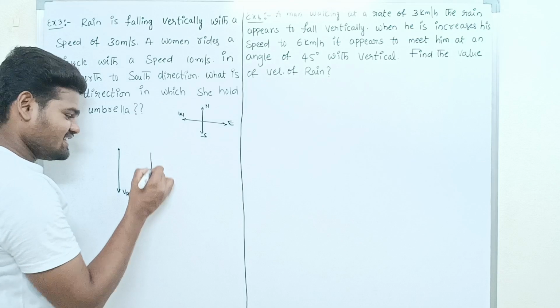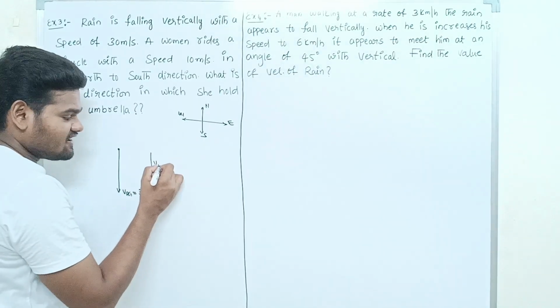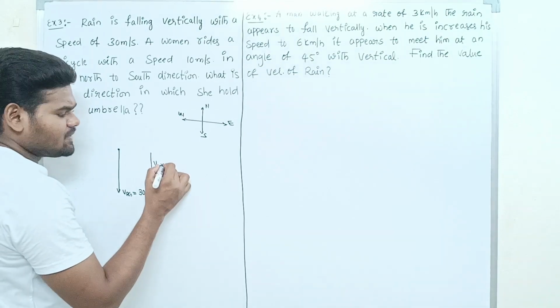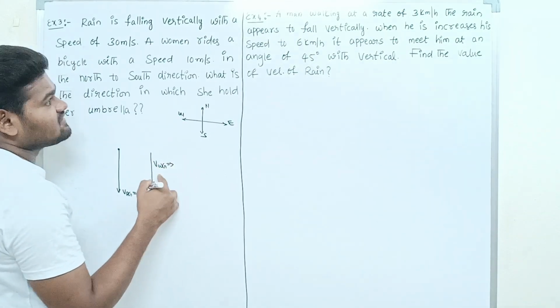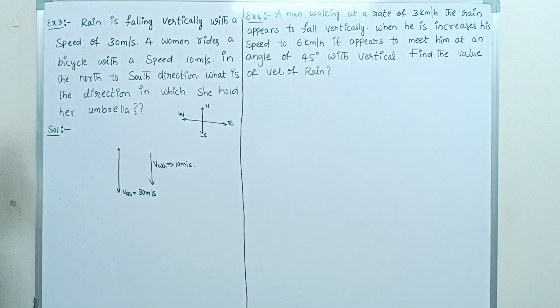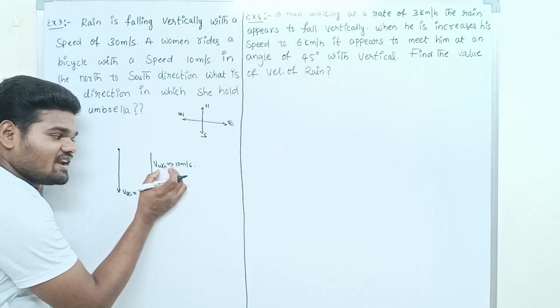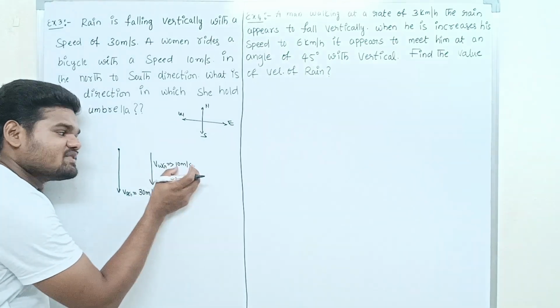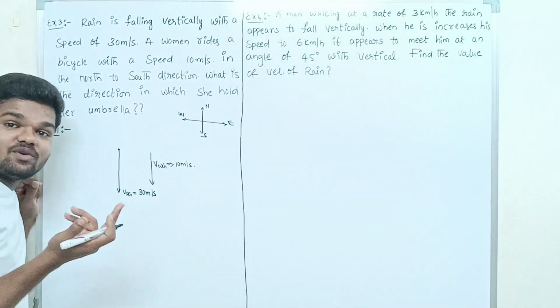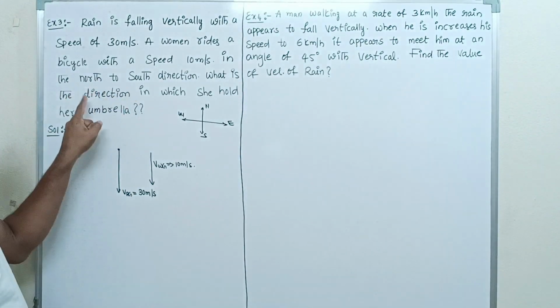So this is the direction of the velocity of the woman with respect to ground, which is 10 meter per second. The velocity of rain with respect to ground and the velocity of woman with respect to ground are both in the same direction. Now how can you find the relative velocity? What are they asking?